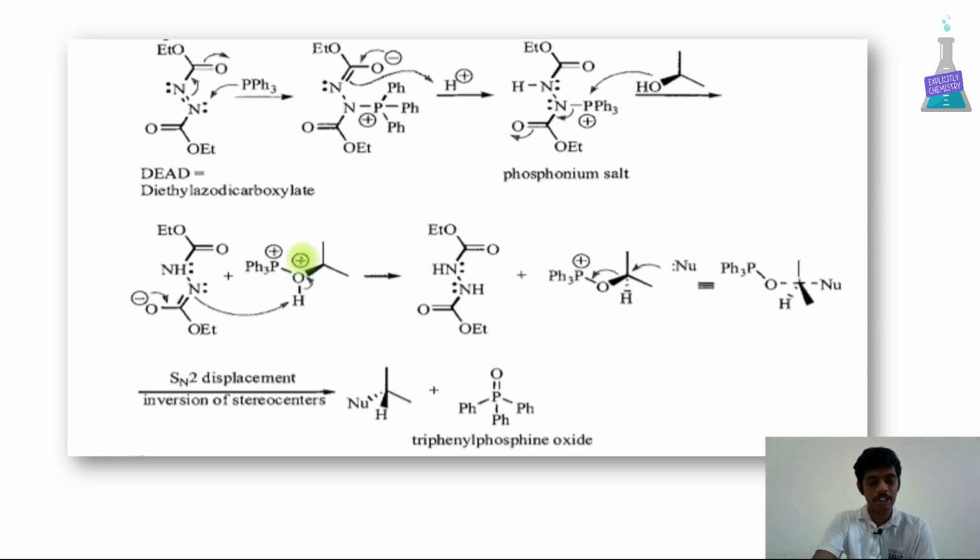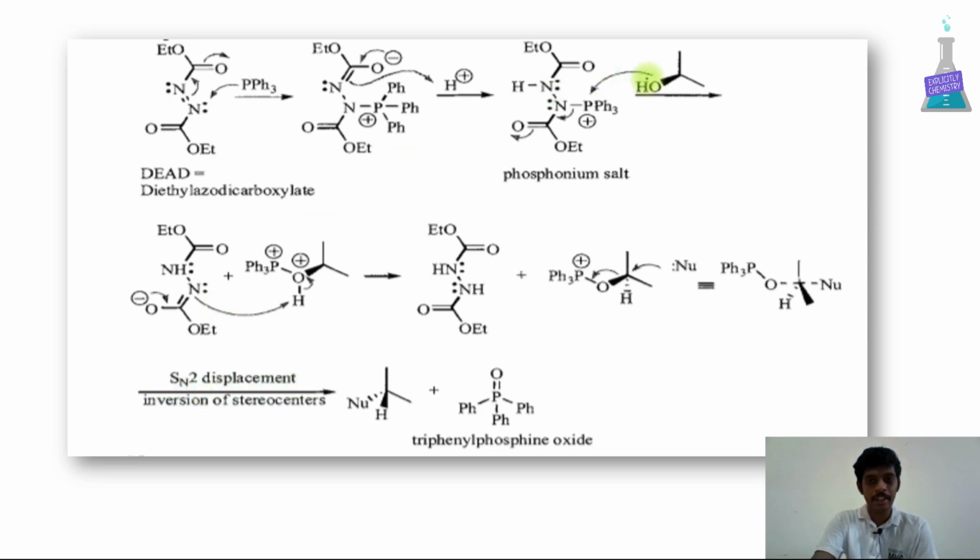This positive charge will be neutralized, and this product will be obtained. After that, we are adding the nucleophile here, and this is the structure formed. The SN2 displacement reaction occurs here, which is inversion of the stereocenter, the stereochemistry of an SN2 reaction.